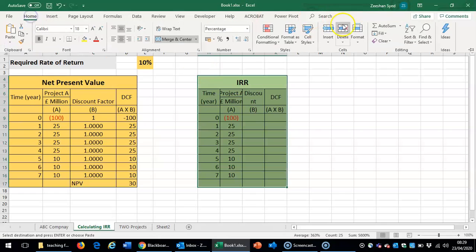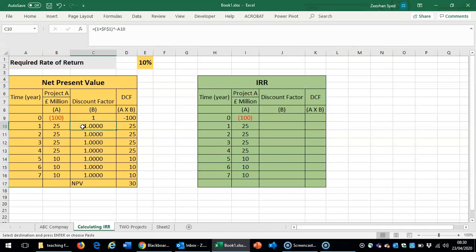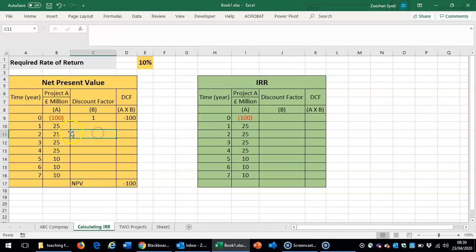So what we do now, we simply clear contents. So now here instead of 25 million, let's make this 50 million, and everything else remains the same. Or even let's make this 40 million.